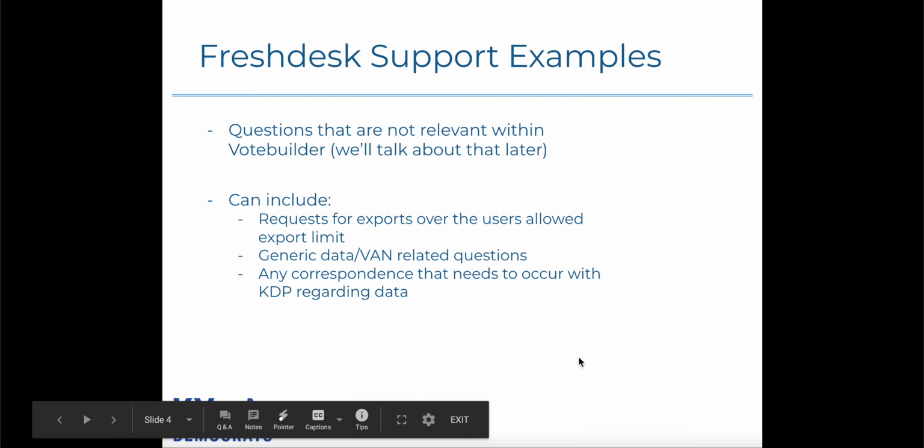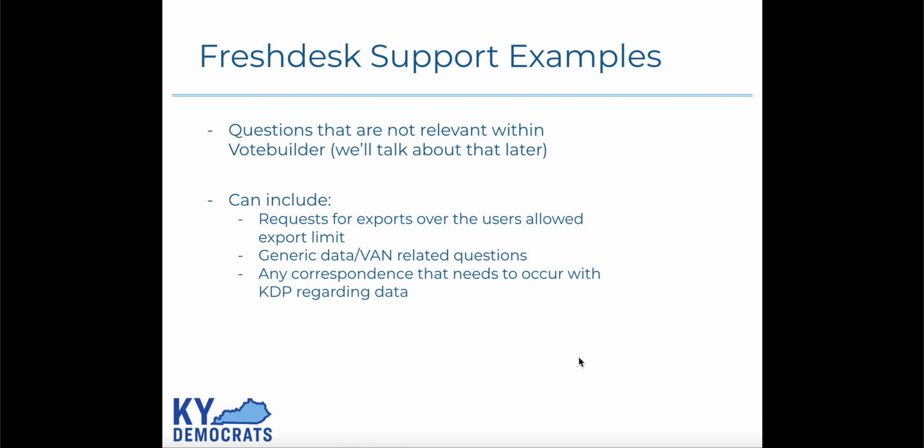So the questions and support that's going to come in Freshdesk is going to be things that are relevant to Vote Builder, but they're not relevant within Vote Builder, if that makes sense. So things that I say are going to be really good are if you're a user who needs an export request, but the list is too large for you to request in VAN, this is one way to do it.